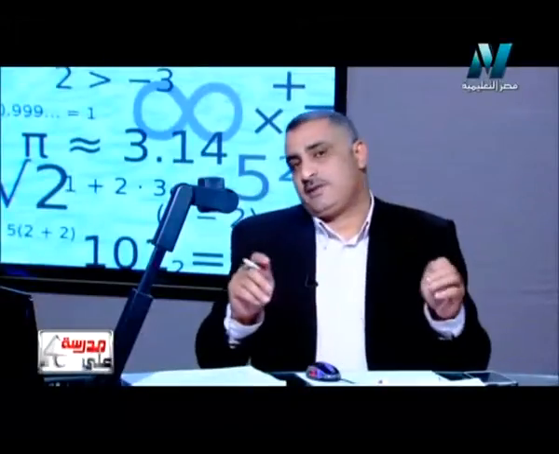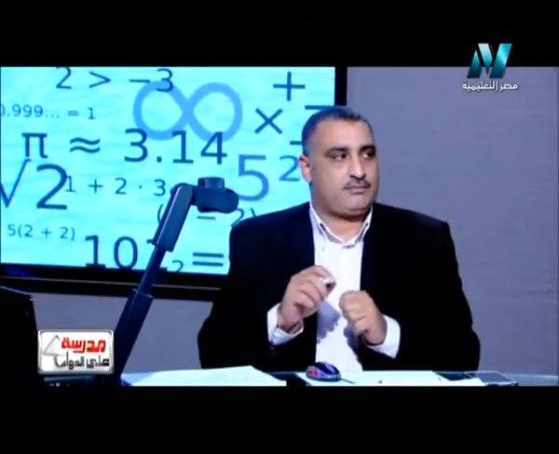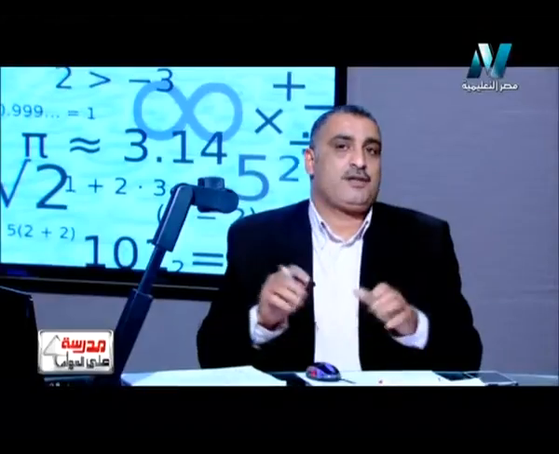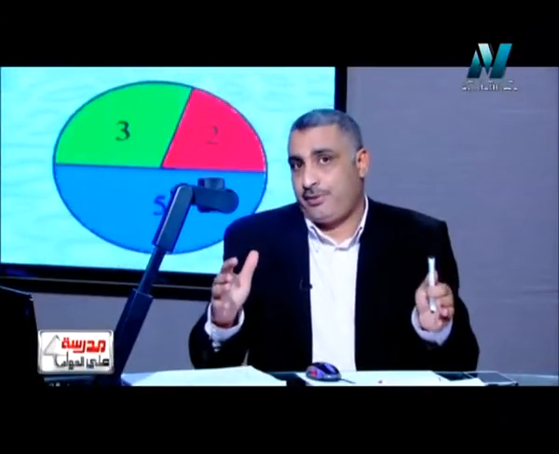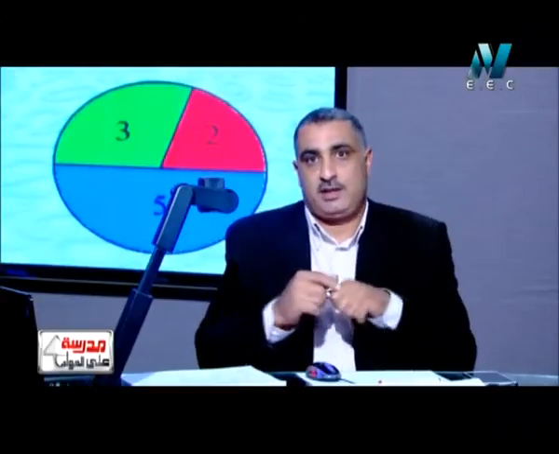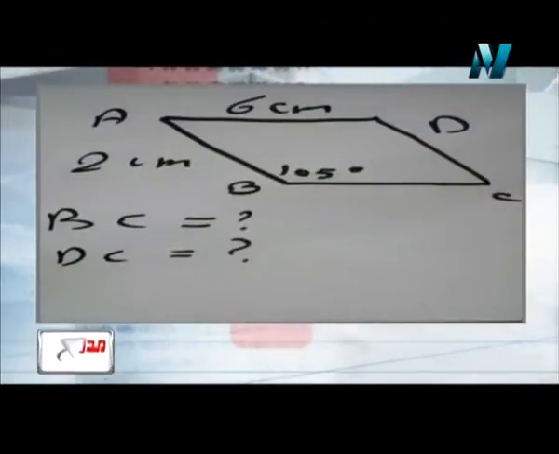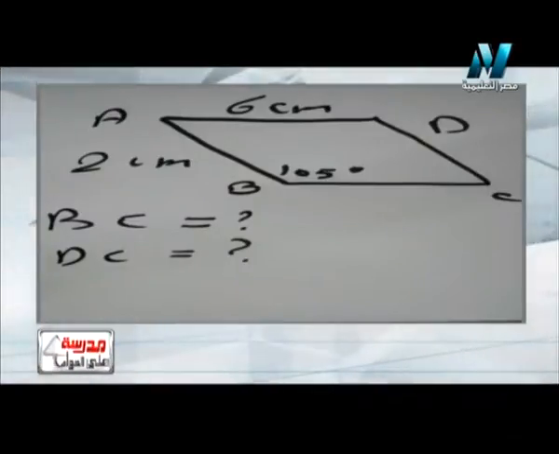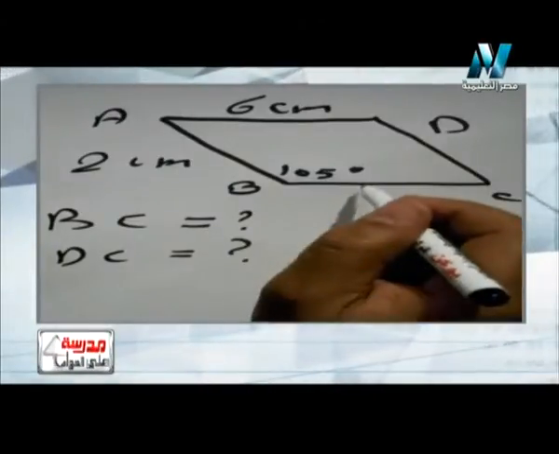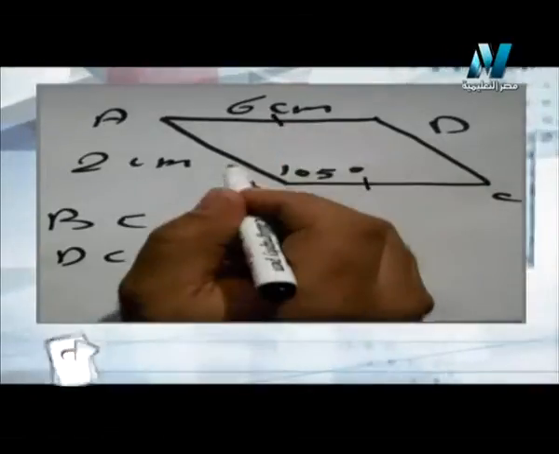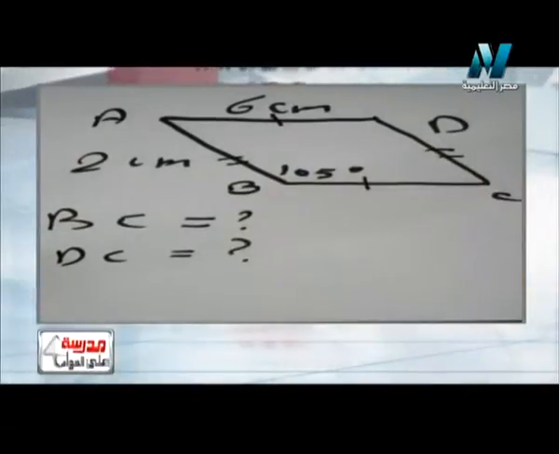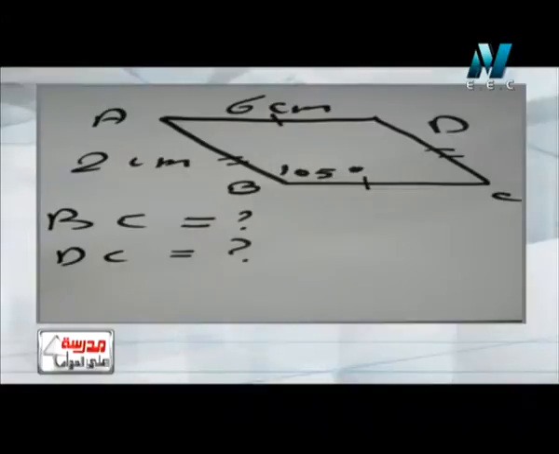We know, my dear students, the first property of a parallelogram. The first property says what? Each 2 opposite sides are equal in length. So, by studying our figure, ABCD is a parallelogram, and the first property says each 2 opposite sides are equal in length.